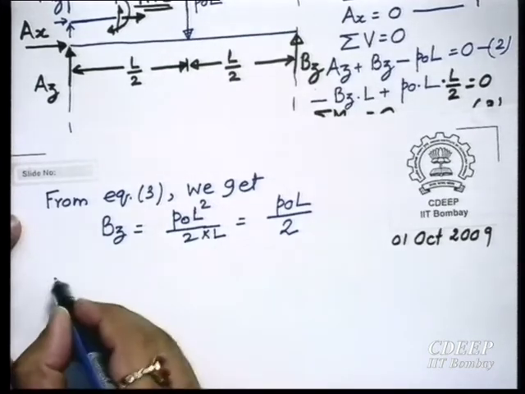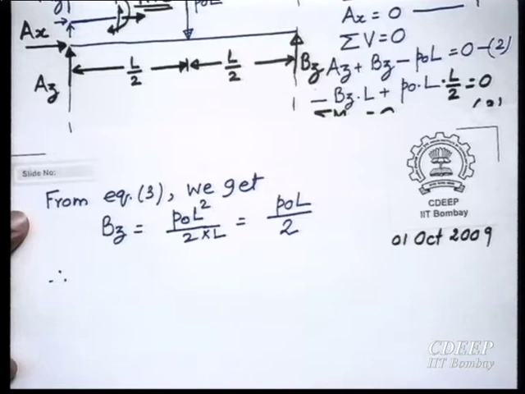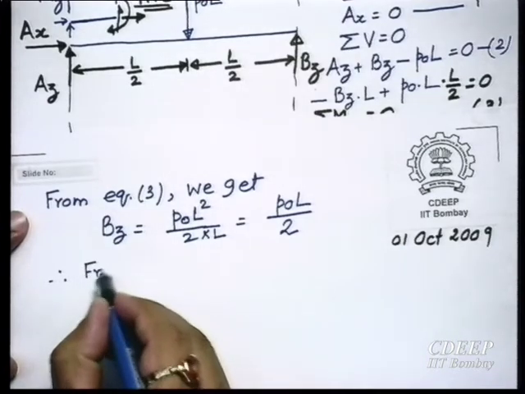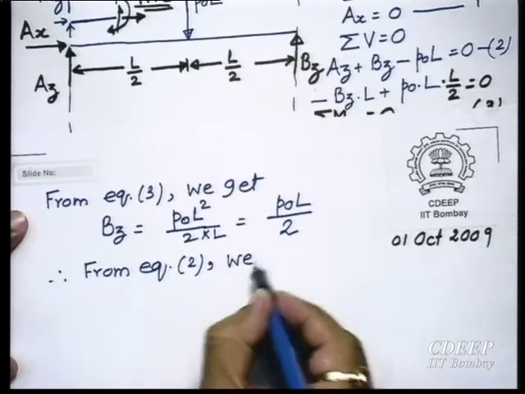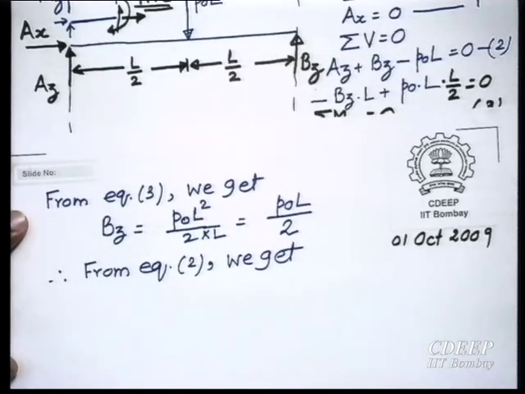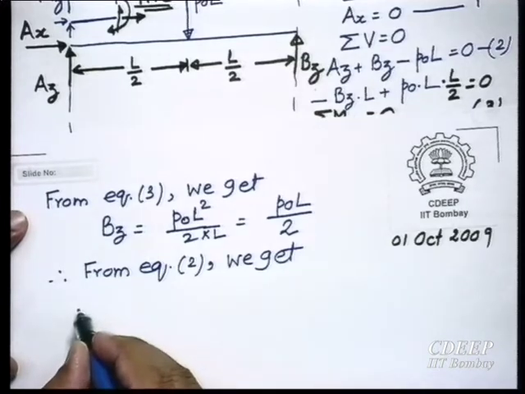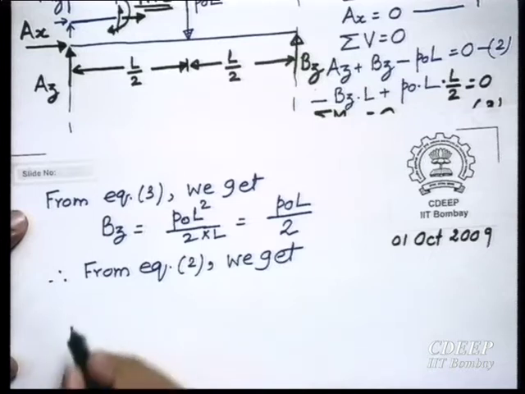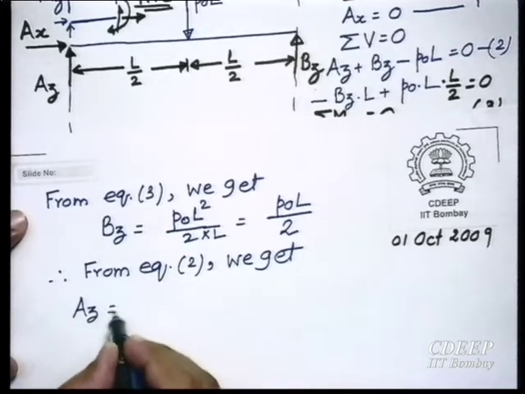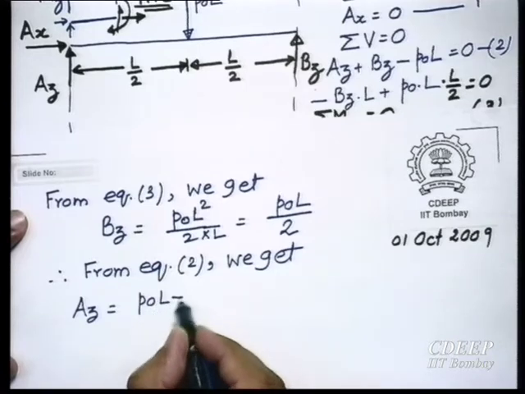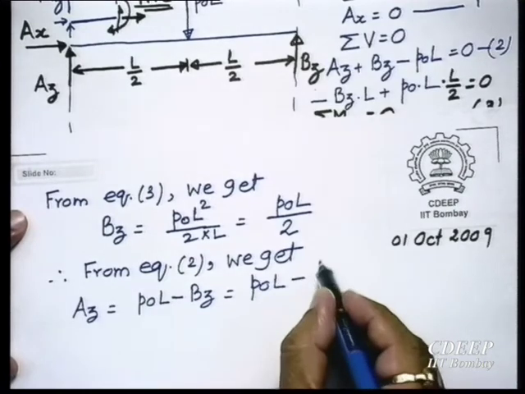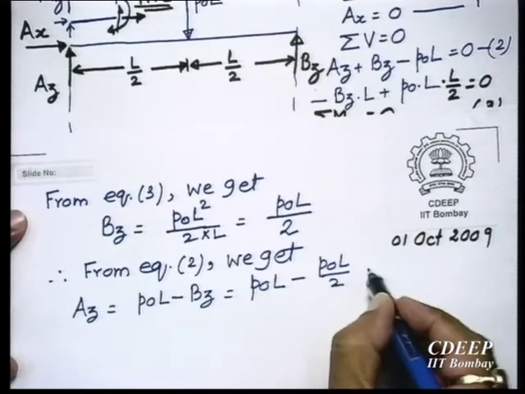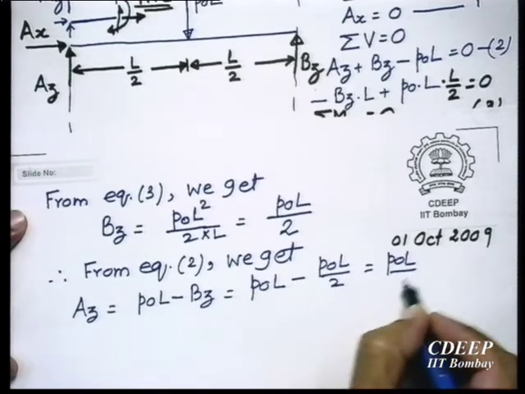Therefore, from the second equation, equation 2, we get Az plus Bz equals P naught L. So Az is equal to P naught L minus Bz, and therefore P naught L minus P naught L by 2, and that is P naught L by 2.